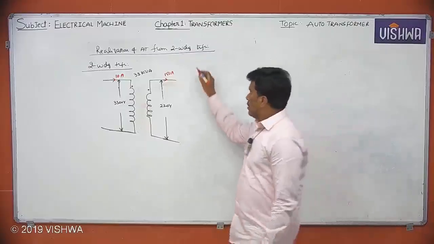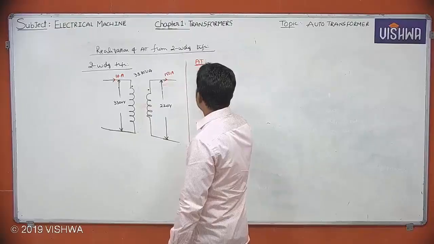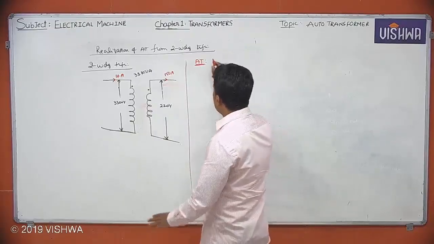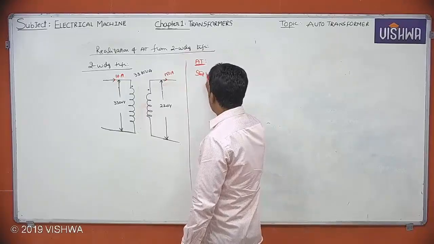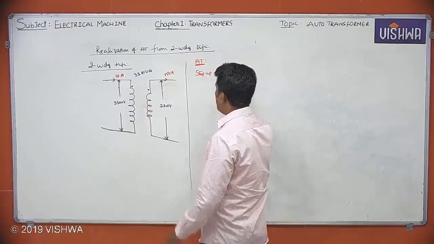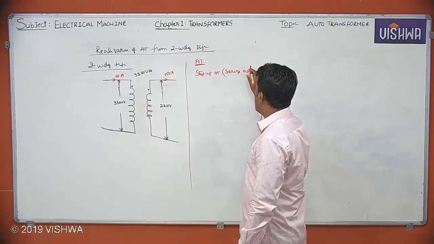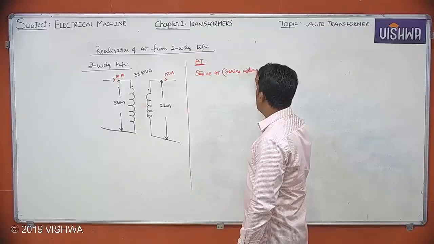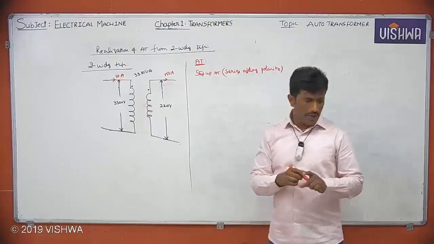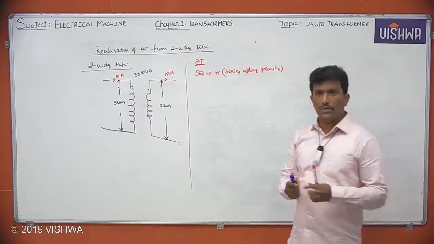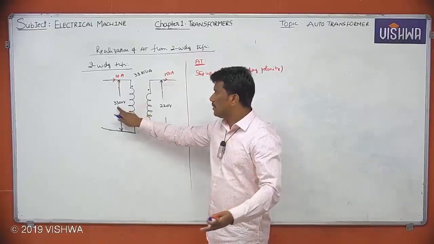Now let us start. From this, if you want to redraw an auto transformer, first case I need a step up auto transformer. How can you get a step up transformer? By using series aiding polarity. They'll give a hint in the question itself, to use 3300 volts as source.